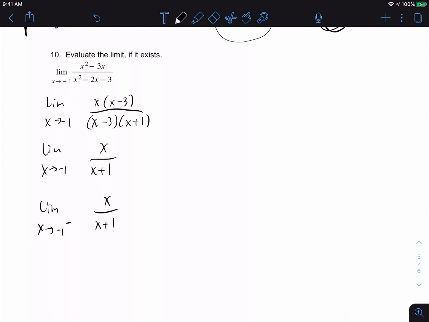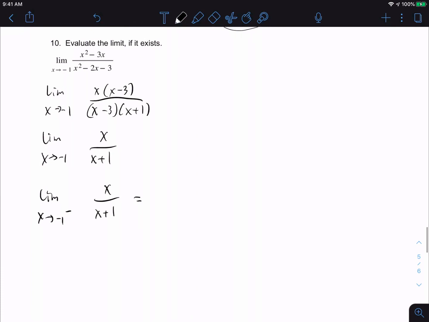So this one's going to end up being negative infinity. Do you guys agree? Right? Because I'm going to end up with a negative, nope, this one's going to be positive infinity. Do you see why it's positive infinity?